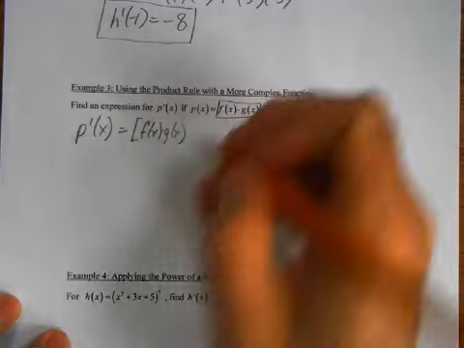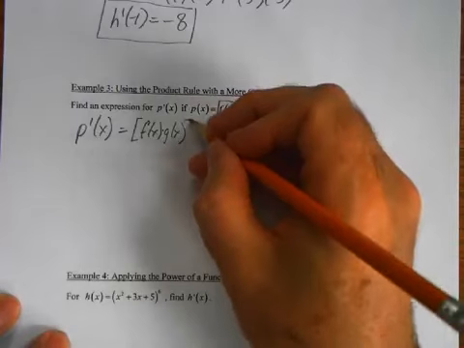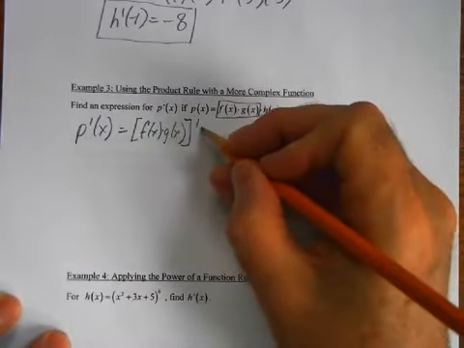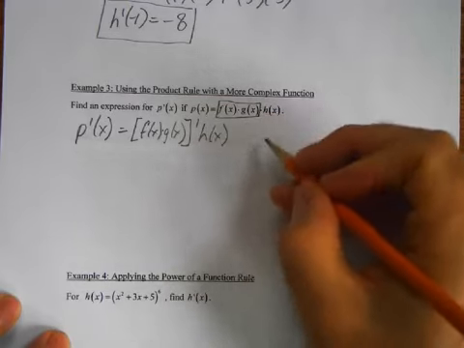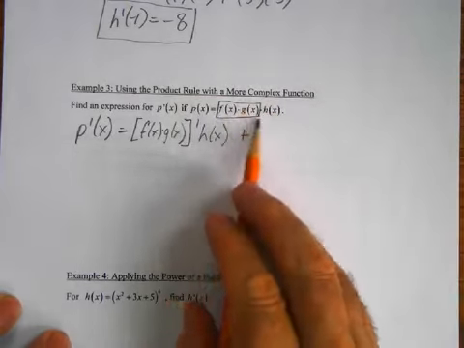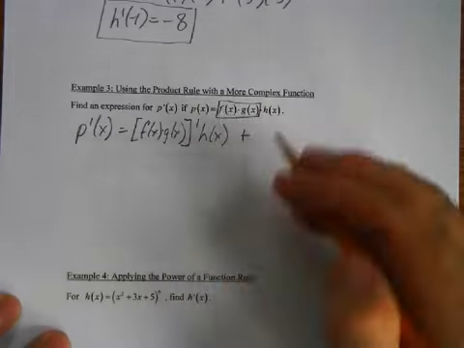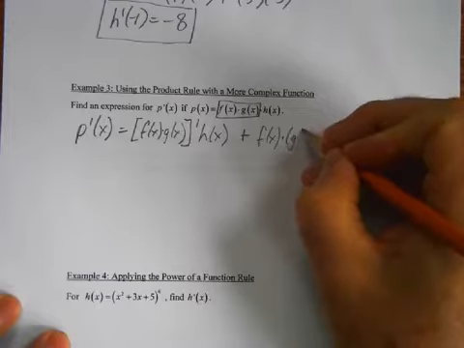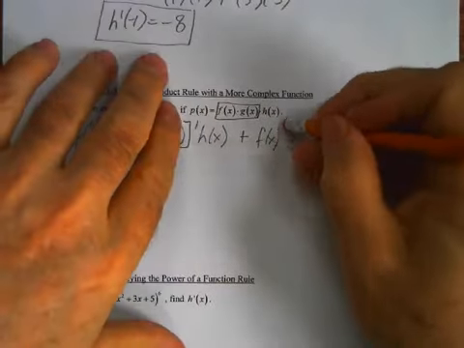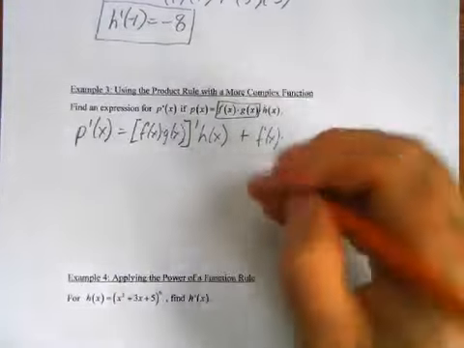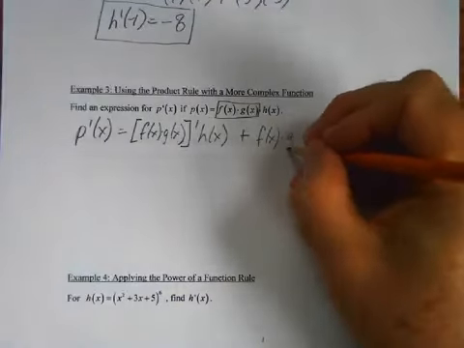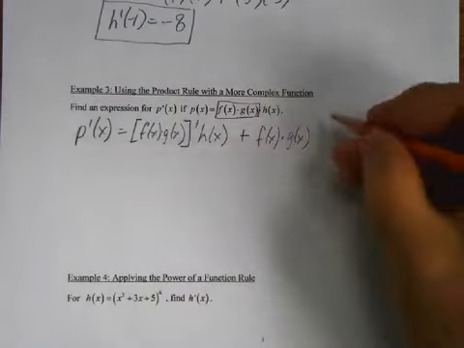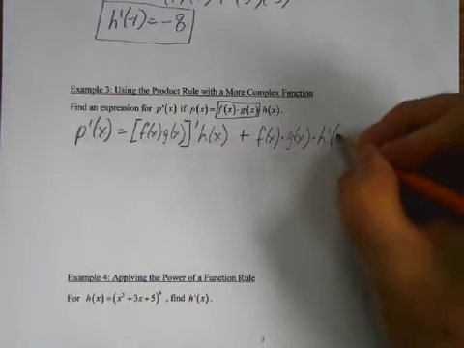That's multiplying. We're taking the derivative of whatever that is, and then multiply with h of x. And then we add, so again, if that's the first function, we take f of x times g of x. We need that bracket there. And then you multiply by the derivative of h, so that's times h prime of x.